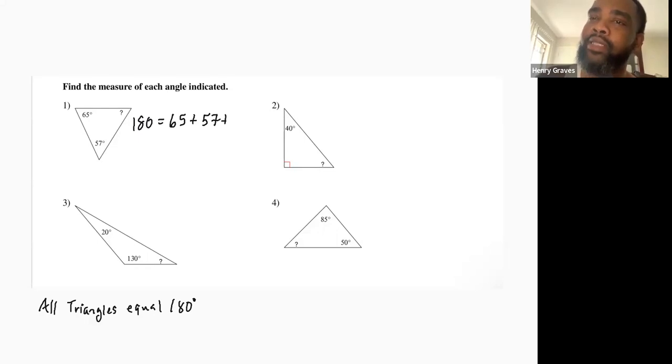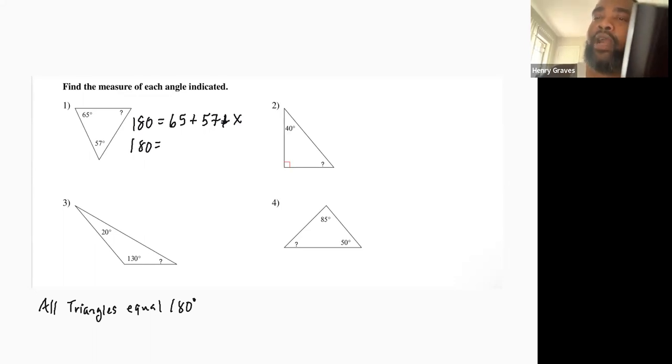So if I add 65 plus 57 with my calculator, gotta save up as much time as I can, which is 102 plus X. And if I subtract 102 from 180, I'll get 78. And let's see if our answer actually checks out to be fine. Does that equal 180?